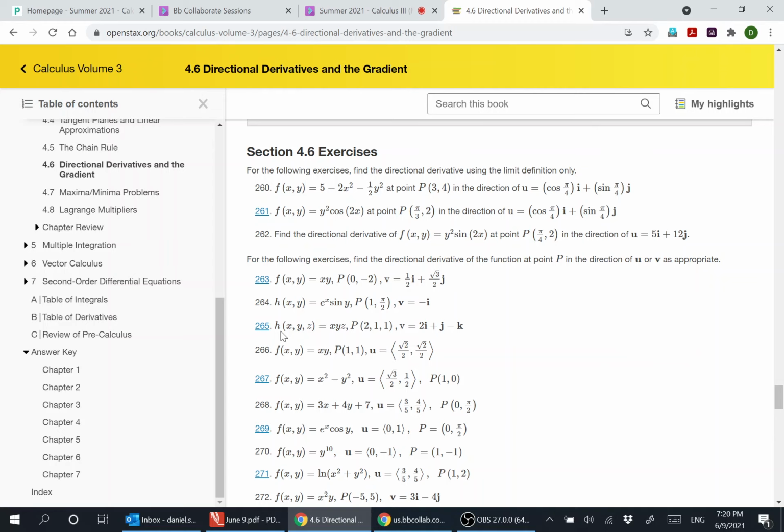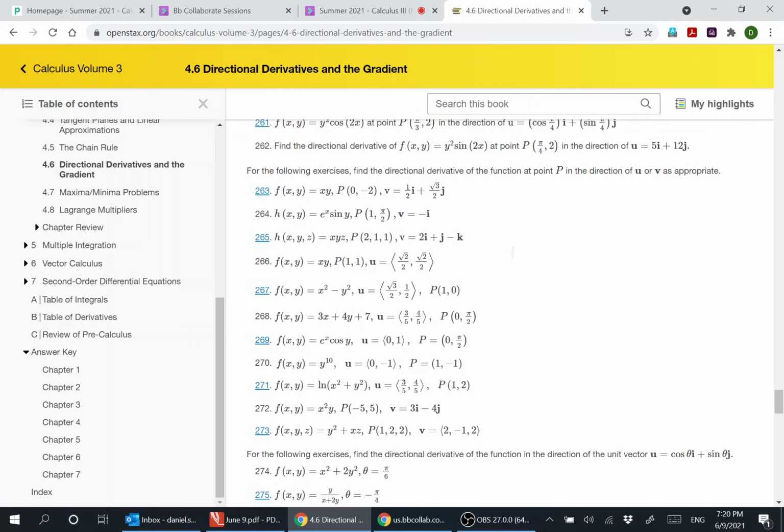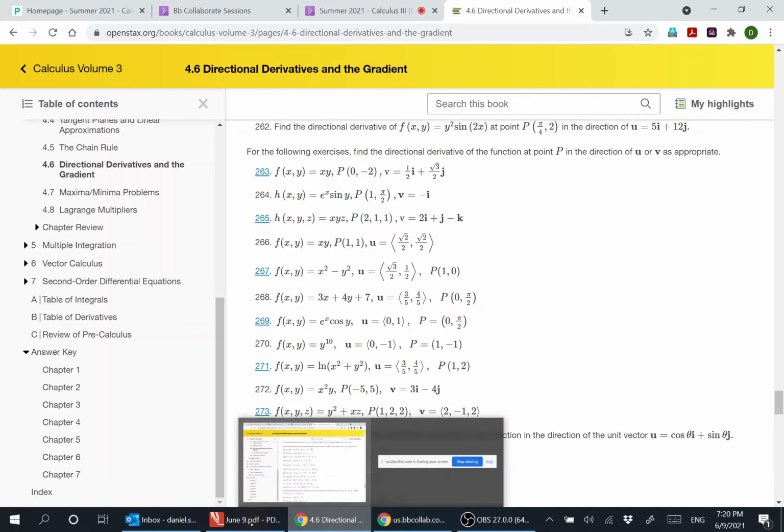Find the directional derivative in that direction. For a three-variable function, four-variable function, what have you, the directional derivative is, again, just the gradient dot the unit vector. It's always that in any dimension. So in 265, h is x, y, z.